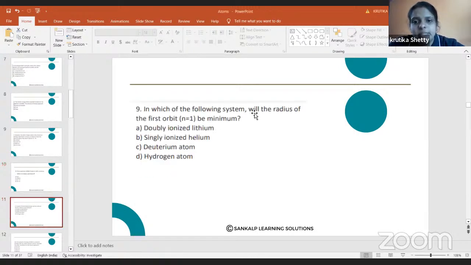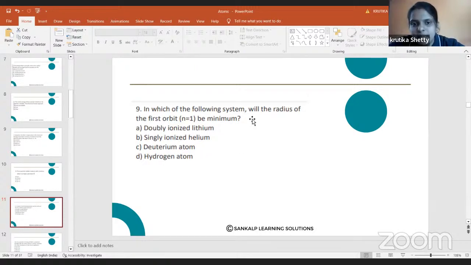In which of the following system will the radius of the first orbit, n is equal to 1, be minimum? Doubly ionized lithium, singly ionized helium, deuterium atom, hydrogen atom.